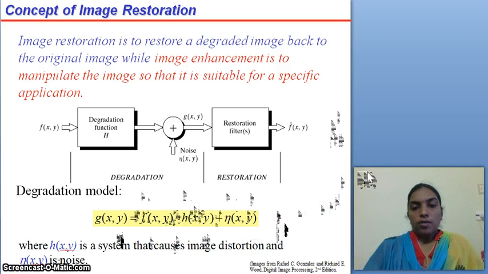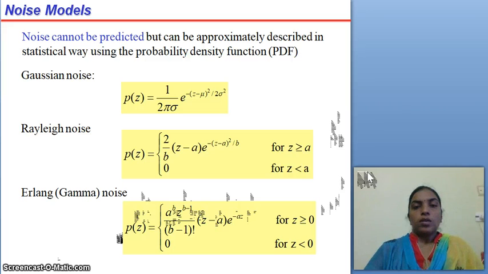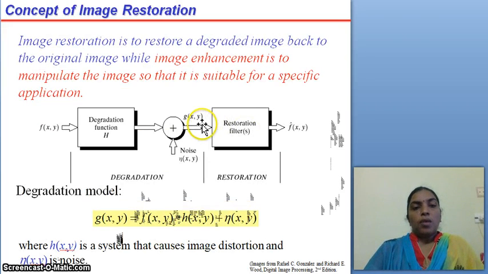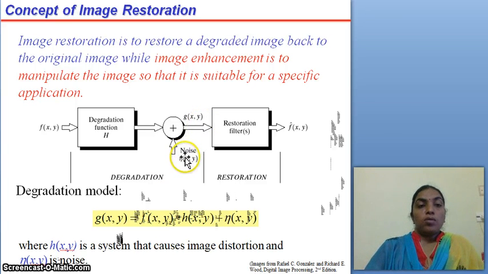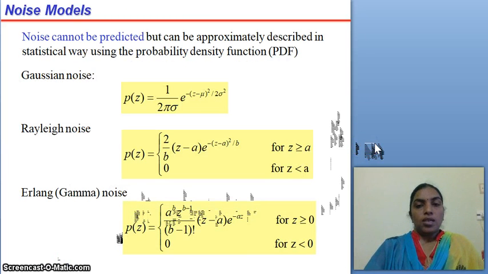So our degraded image is affected by noise also, right? How can you estimate this noise? To remove the noise from this degraded image, we should know what types of noises are added to the image. That's why we should concentrate on noise models here.